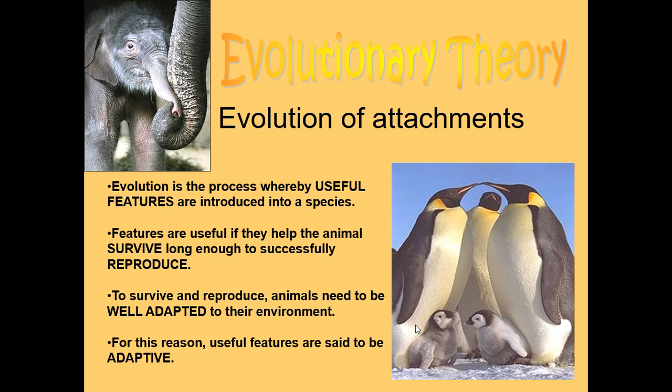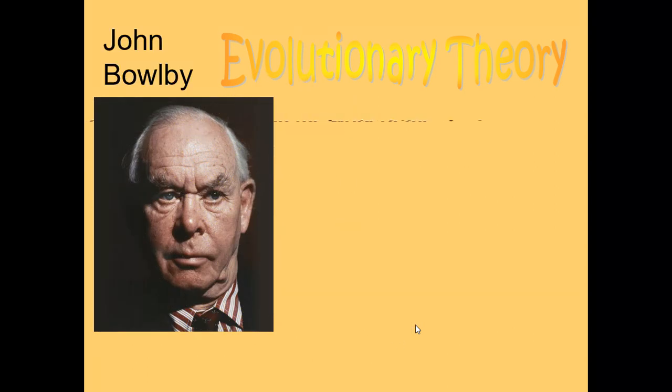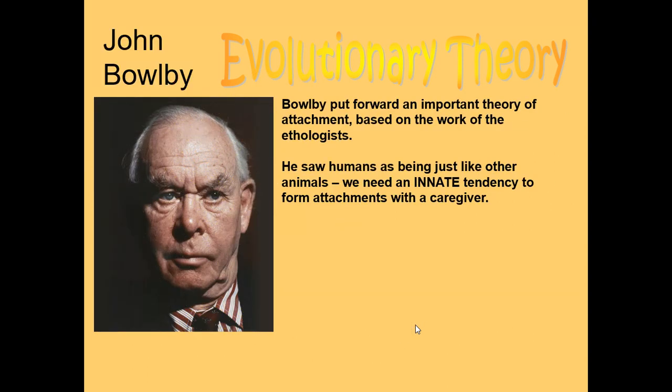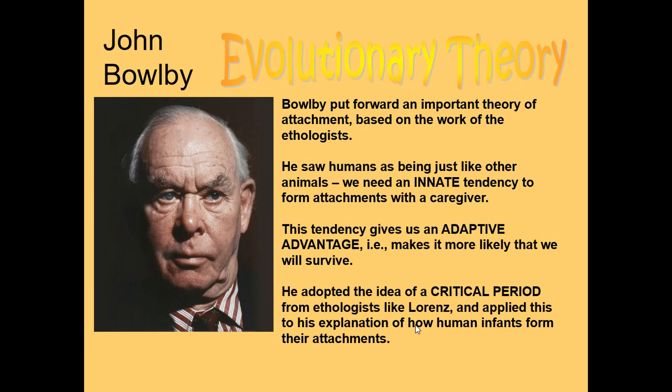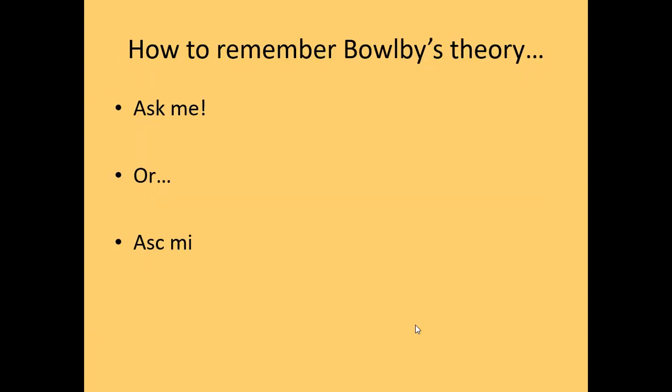So adaptive, that's the key term, and we're going to come back to that in a second. So that's Bowlby there. So his idea was that we have this tendency to form an attachment. It's adaptive. It makes it more likely that we survive. He agreed with Lorenz in that there's an idea of a critical period. So there is an important time in which an infant needs to develop an attachment. And this is his evolutionary theory.